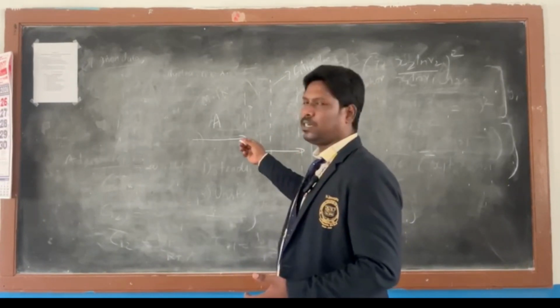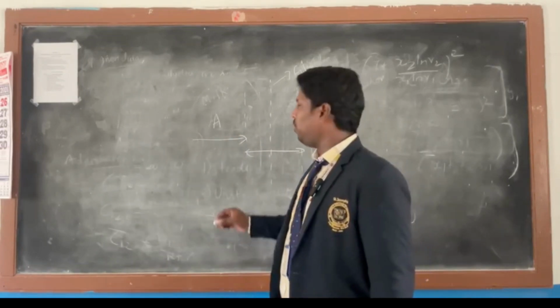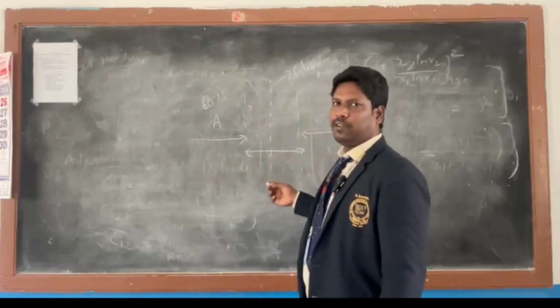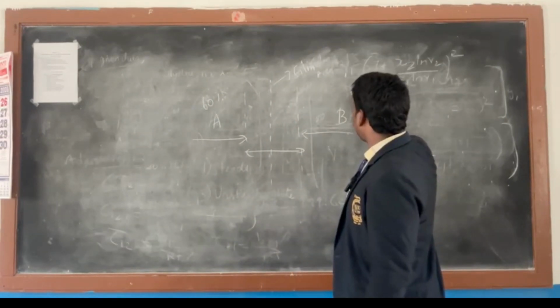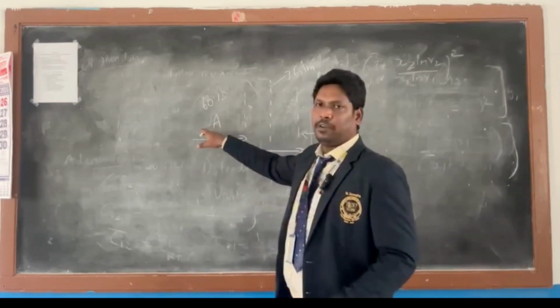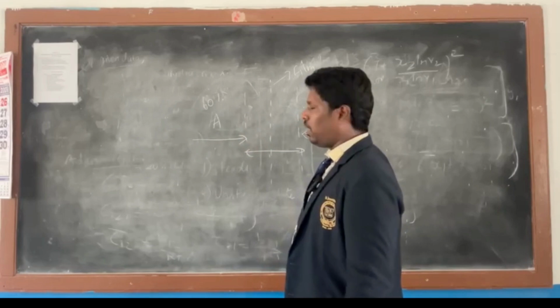For example, let us consider component A has a concentration of 60%, and component B has a concentration of 90%. Here A has the lower concentration and B has the higher concentration.